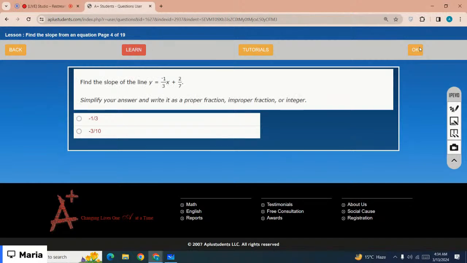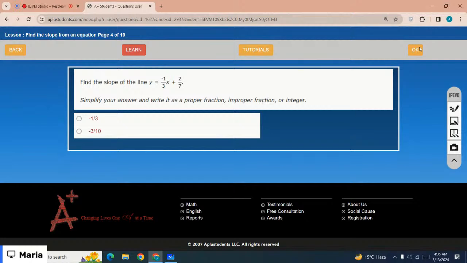Okay, the next one is find the slope of the line y equals negative 1 over 3x plus 2 over 7. So, what is the slope of the line? You have to compare this equation with the general form of the equation of a line, that is y equals mx plus b, right? So that means the one that has the variable x is the slope.